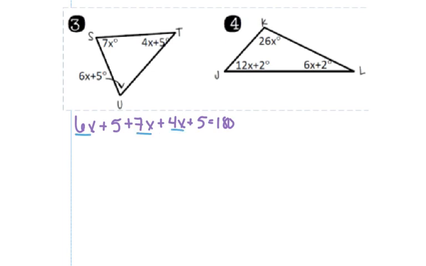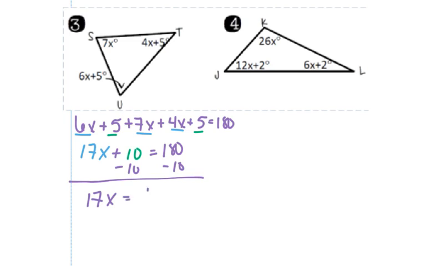So the x's would combine to make 17x, and then all your constants would combine to make 10. And so again, you can solve this like an equation. So we would subtract 10 from both sides, and then divide by 17, and that would give me x equals 10.